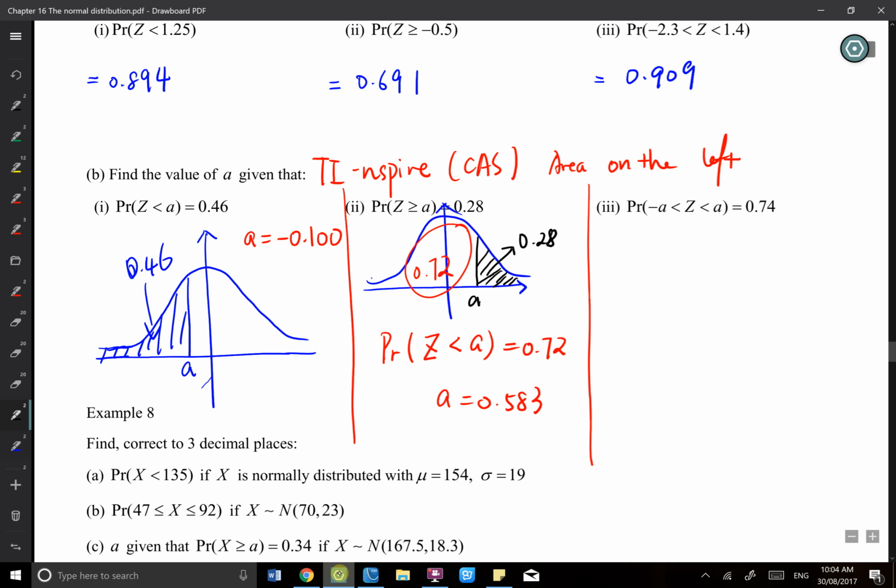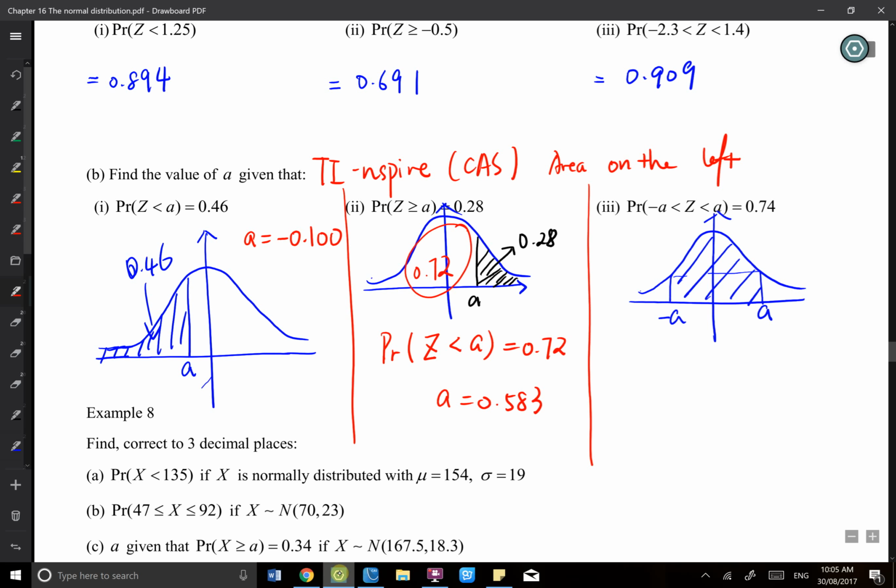Okay, the last one is interesting. First of all, you need to recognize those two are symmetrical points. If they are not symmetrical, it's a bit tricky. Sometimes you can't work on it. If it's a symmetrical area, that's perfect, because in between negative A to A, you have 0.74.